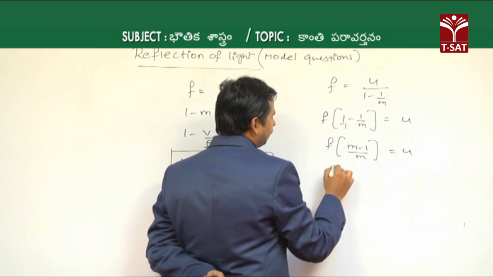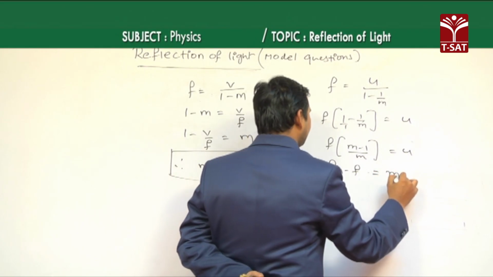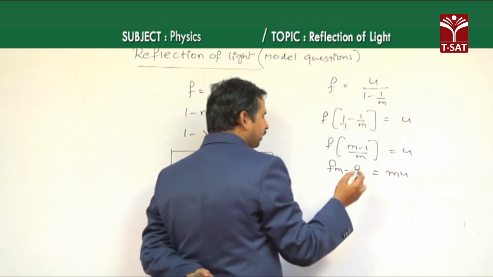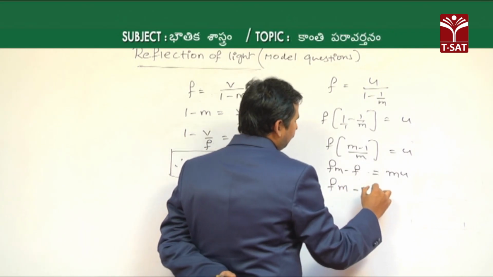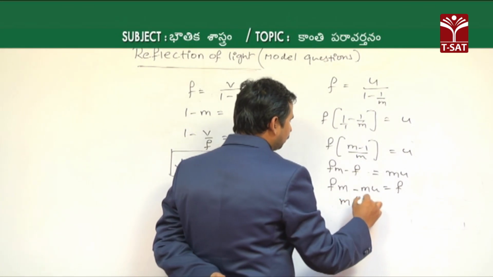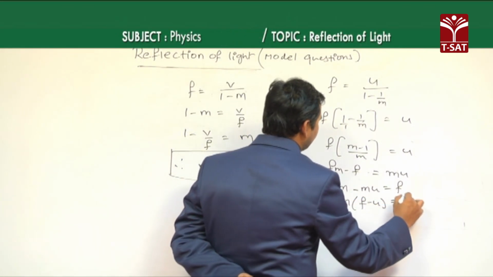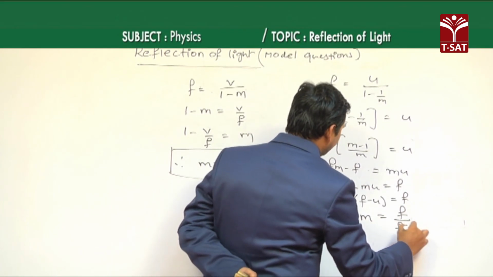Then if you multiply, f into m minus f is equal to mu. Bring that mu this side and f that side, then f of m minus mu is equal to f. Then if you take m common, m into f minus u is equal to f, so finally m is equal to f by f minus u.